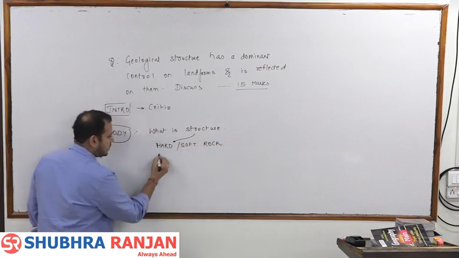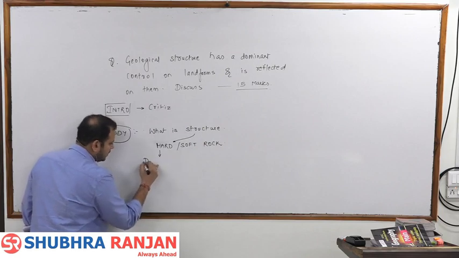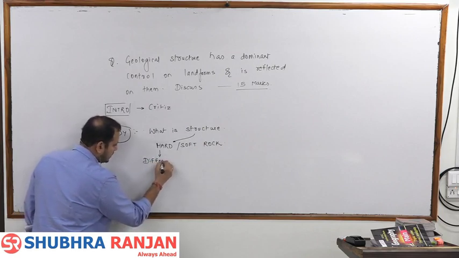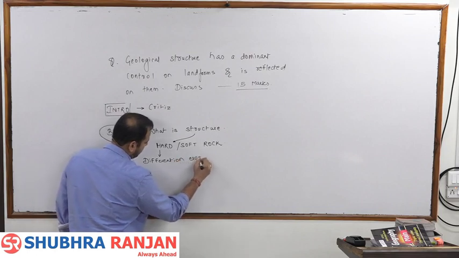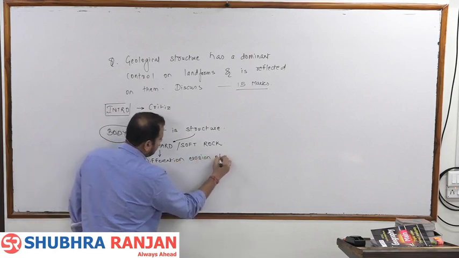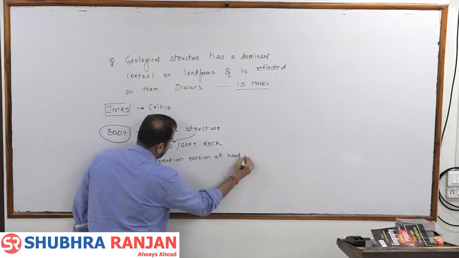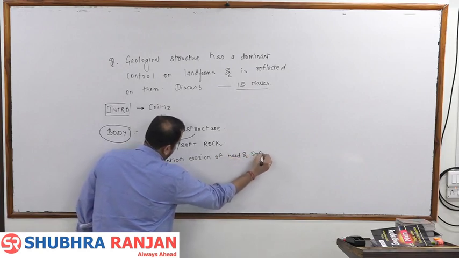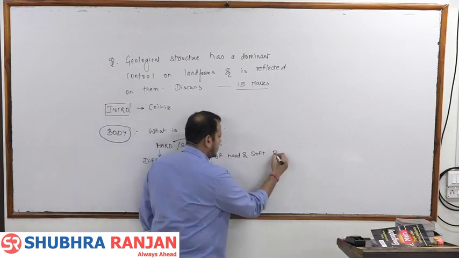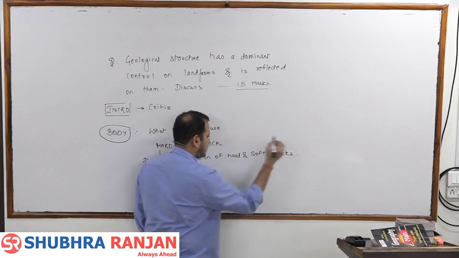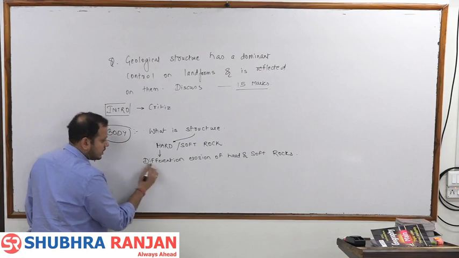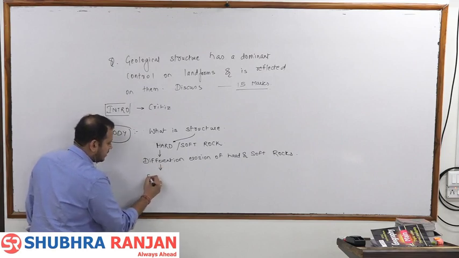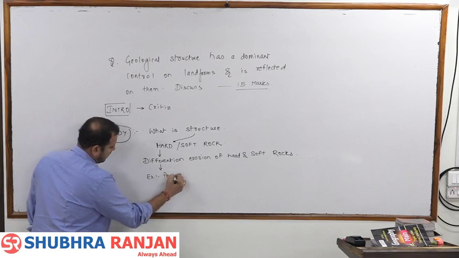In this hard and soft rock, next you will talk about the differential erosion of hard and soft rocks. And you will tell how the processes are operating on this, and then you will give an example. The best example is which plateau? Peninsular plateau.